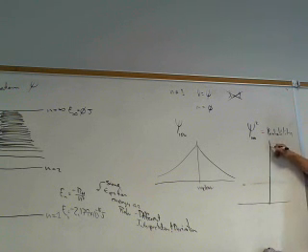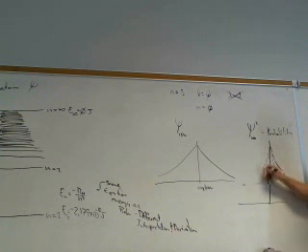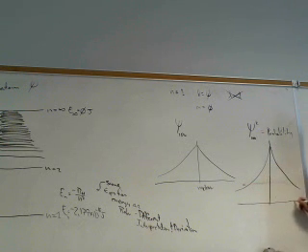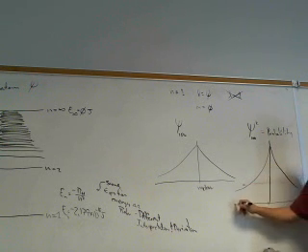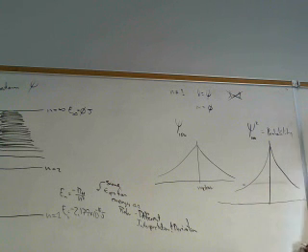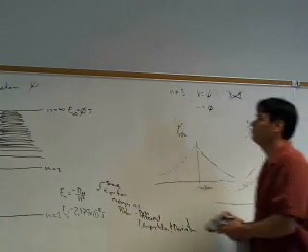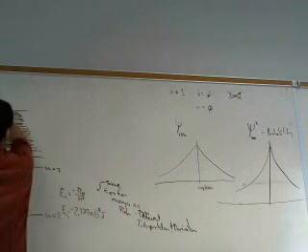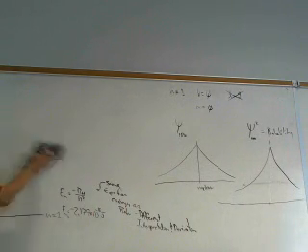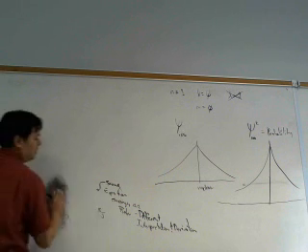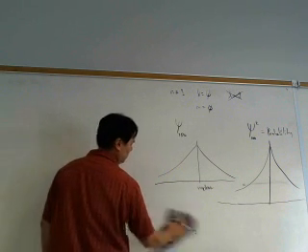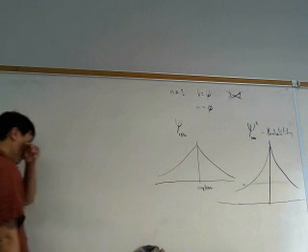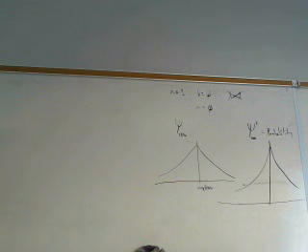So I square this, I get something like this. That's my psi squared. Normally when we think about the psi 100, we think about the shape of the probability distribution, like that. That's the probability distribution.